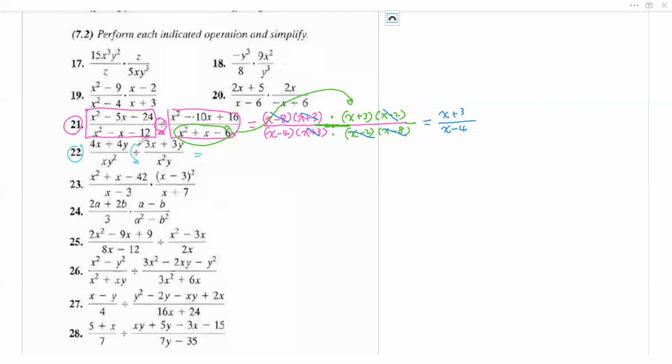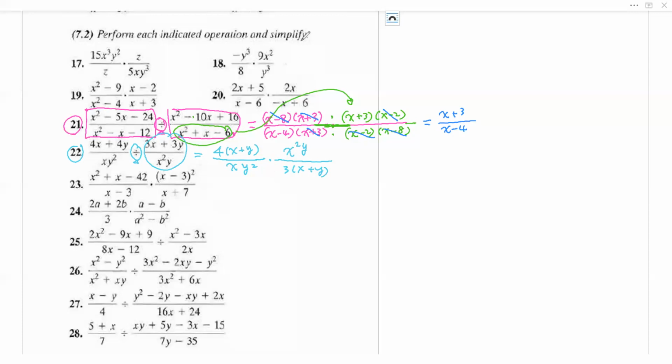Here is divide, so we need to be careful about this one. So we do here 4x plus y. The first part we copy down. At the same time we do the factoring in times, right? So x squared y. And here is 3x plus y. We need to flip over the second rational expression.